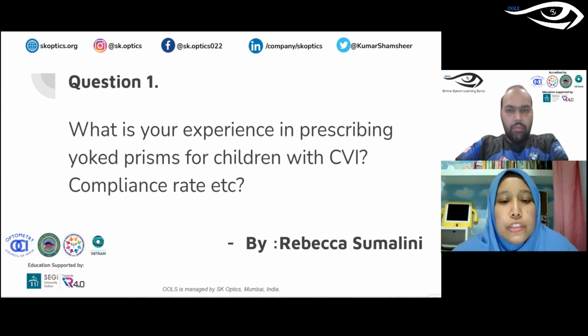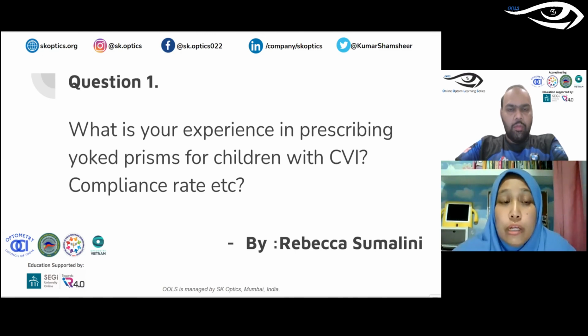When we receive our referral from the ophthalmologist for us to undertake the CVI assessment to classify them at what range, they usually will have undergone all those optics, binocular vision, and refractive assessments. So they have ruled out everything.